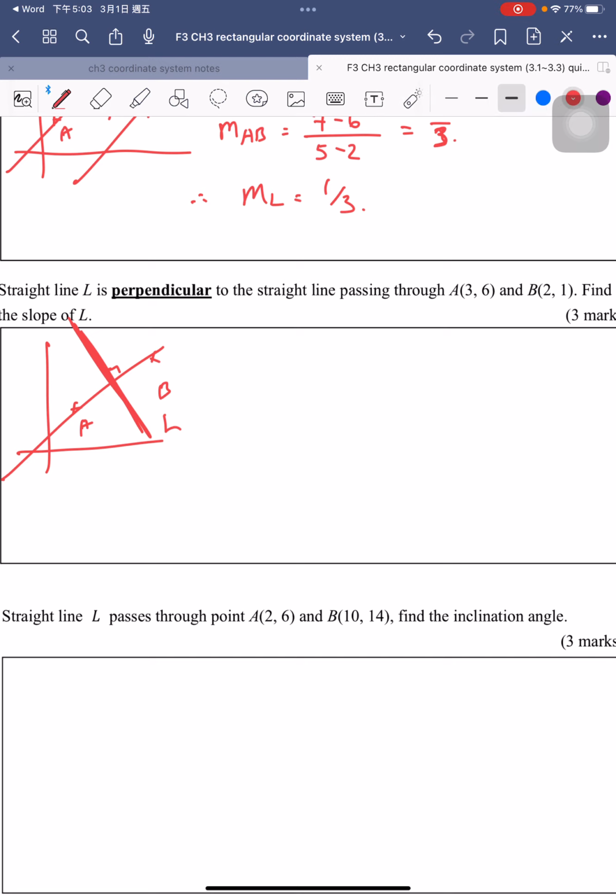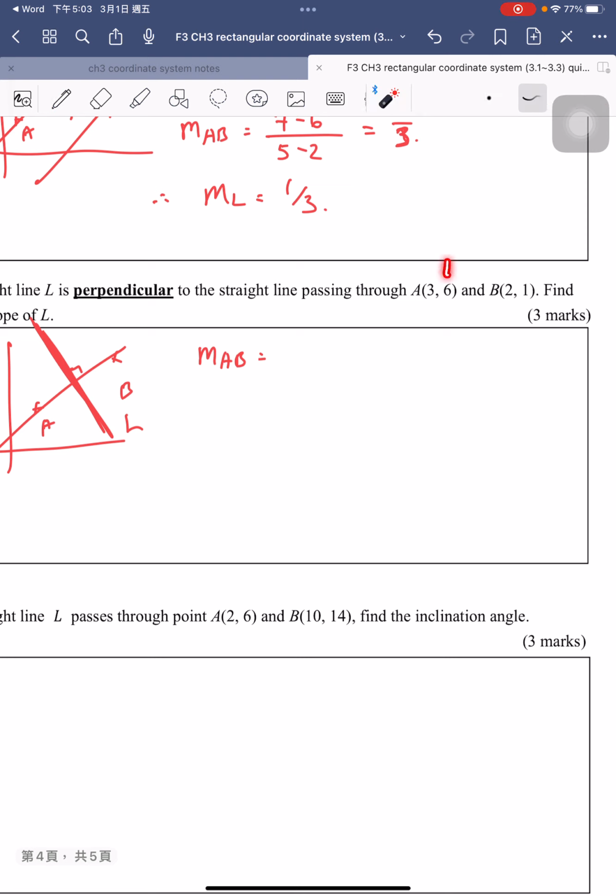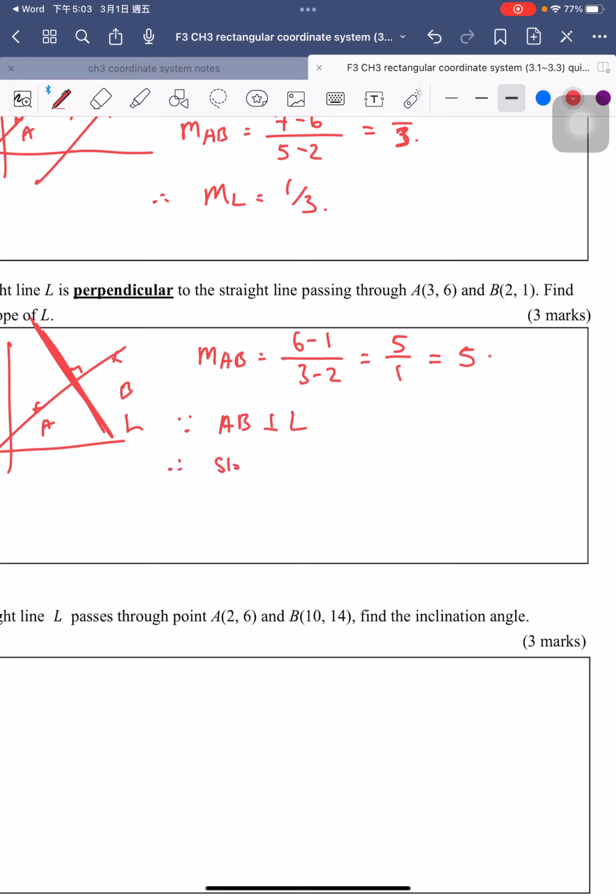So first of all, we can calculate the slope of AB, which is equal to the change of y, 6 minus 1, divided by 3 minus 2. So 6 minus 1 divided by 3 minus 2 is going to be equal to 5 over 1, which is just equal to 5. And because AB is perpendicular to L, the slope of AB times the slope of L is just equal to -1.